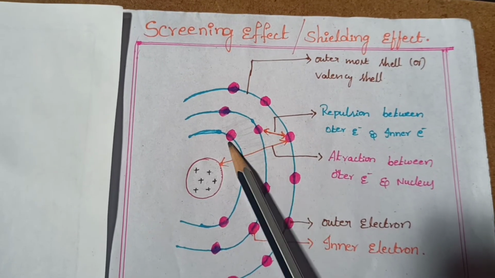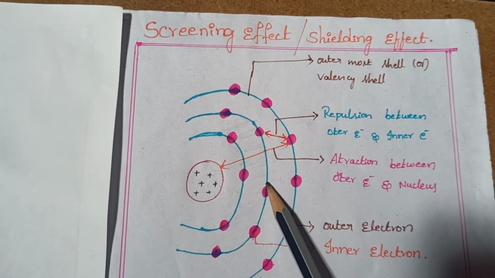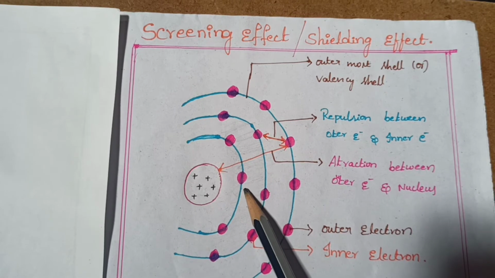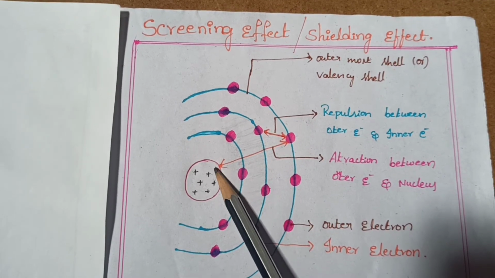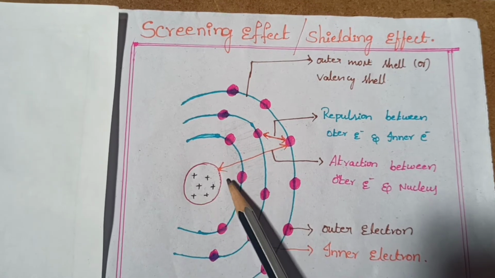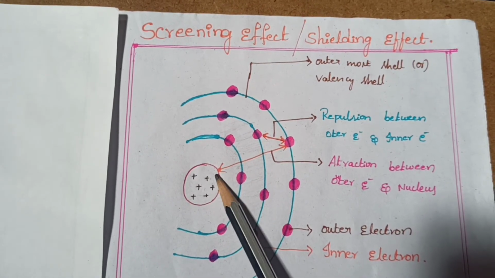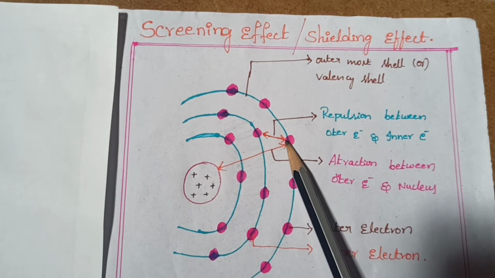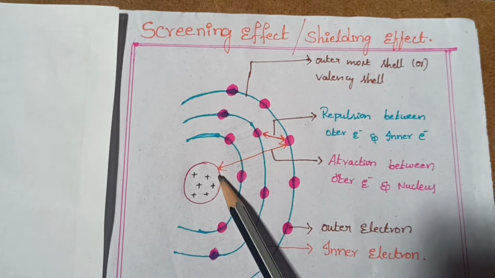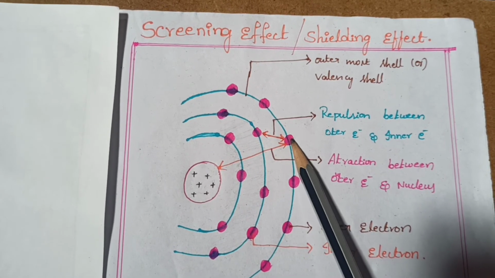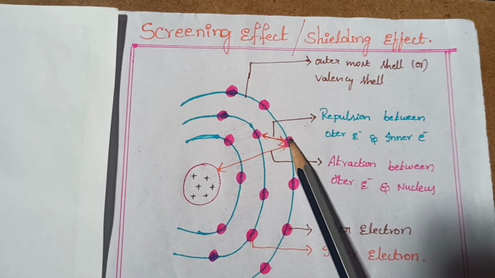By this screening effect, these inner shells form a screen here, and the attraction is reduced from here to here. The nucleus is unable to focus on the outermost electron, the valency electron.